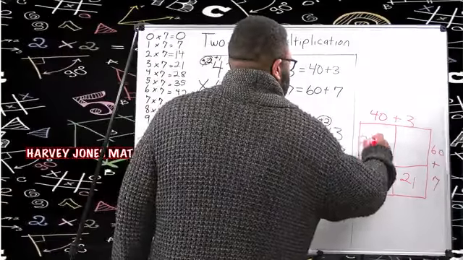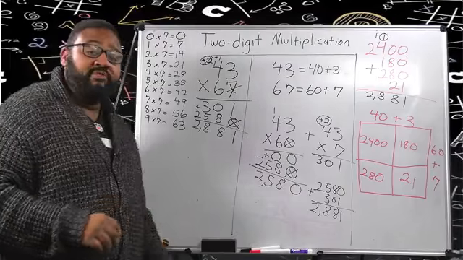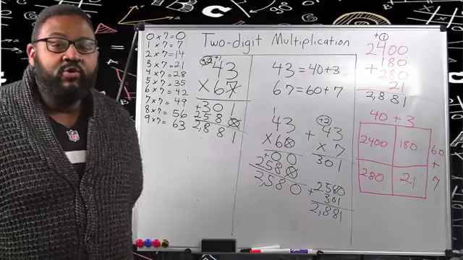We're adding these numbers together. 0 plus 0 plus 0 is plus 1 is 1. 0 plus 0 plus 0 plus 1 is 1. I got 16, 17, 18. Carry my 1 up here. That's 4, 5, 6, 7, 8. Ooh, there we go. 2,881. Whoop, there it is. Whoop, there it is, folks.